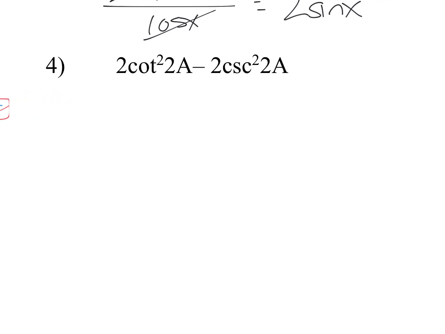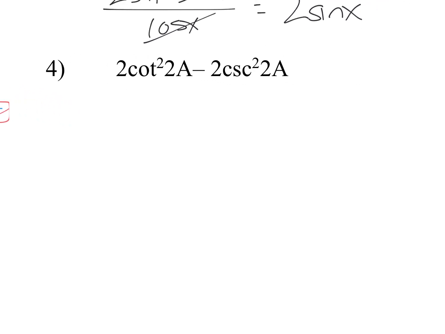Now with this one, this is going to be slightly different than how I did it. Somebody brought this up in an earlier class. It's actually much better if we just use the Pythagorean identity that secant squared is 1 plus cotangent squared.